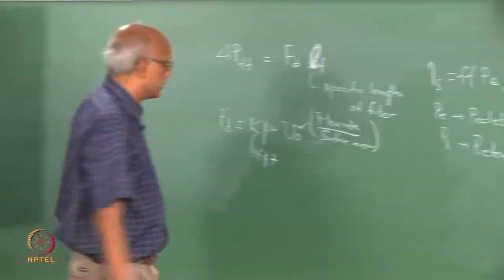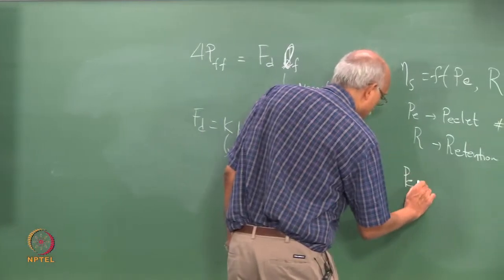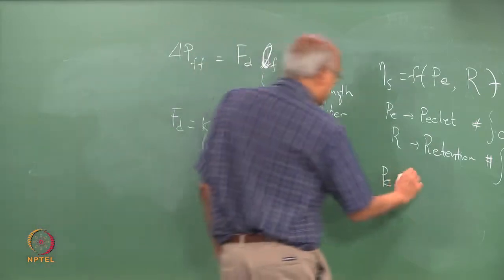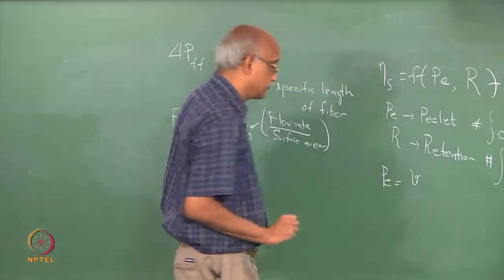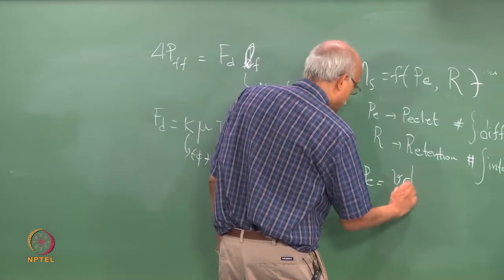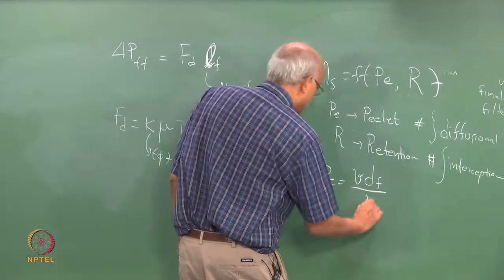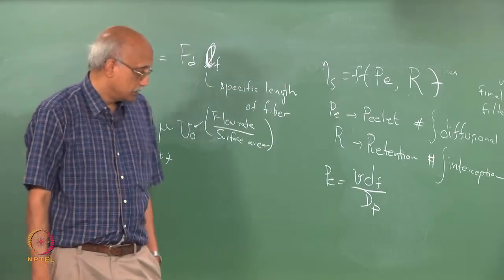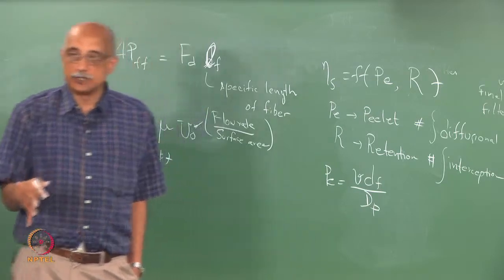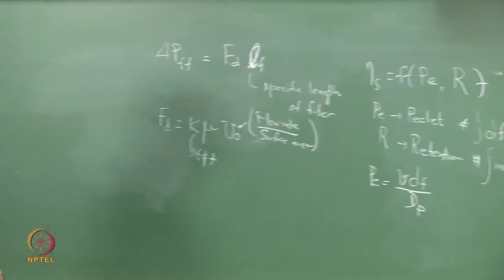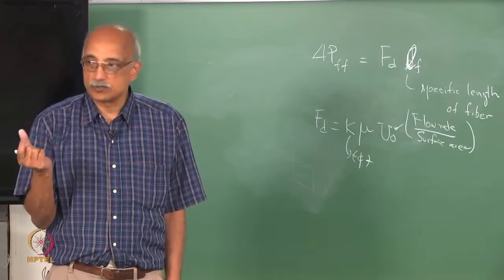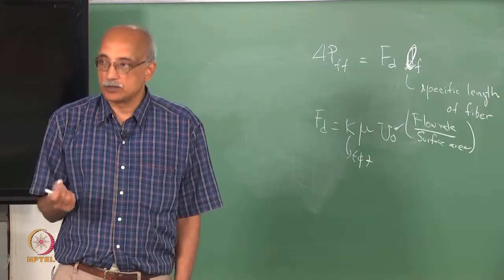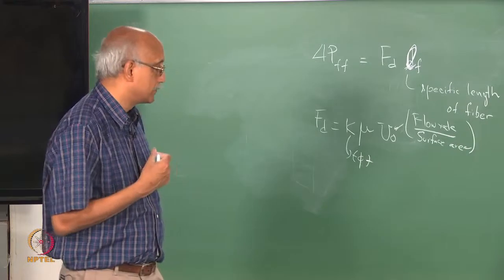They are both dimensionless parameters. The Peclet number is a characteristic velocity times a characteristic length divided by a diffusivity. So, if you take the local velocity of the fluid that is approaching a fiber multiplied by the diameter of the fiber and you divide it by the Brownian diffusivity of the particle, that gives you Peclet number.